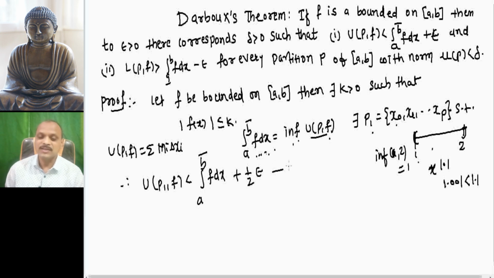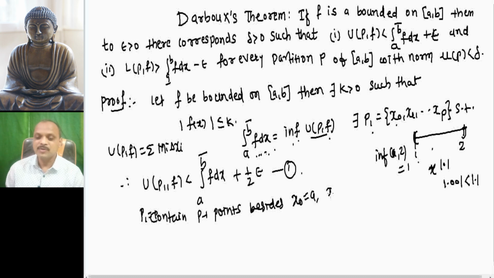Let us call this equation number 1. Now here this P1 contains how many points? P1 contains p minus 1 points besides x0 equal to a and xp equal to b.